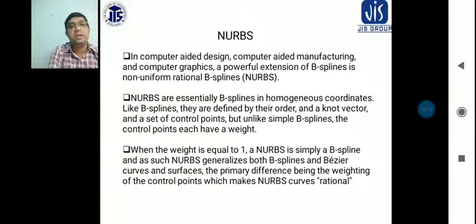When the weights are equal, a NURBS is simply a B spline, and as such NURBS generalize both B splines and Bezier curves and surfaces. The primary difference is the weighting of the control points, which makes NURBS curves rational.